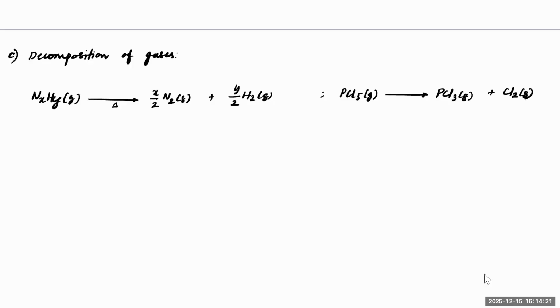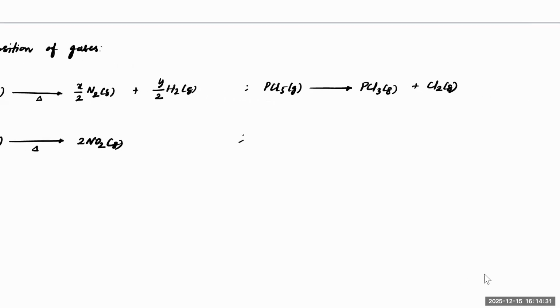NxHy gas, that on heating usually becomes N2 gas plus H2 gas, which clearly shows that it should be y by 2 here and x by 2 here. Then, similarly, if you have PCl5 gas, it will decompose into PCl3 gas plus Cl2 gas. Next, N2O4 gas decomposes on heating to become 2NO2 gas.